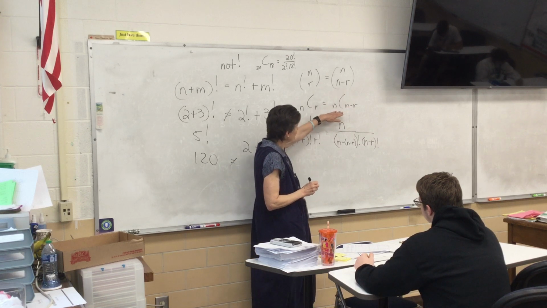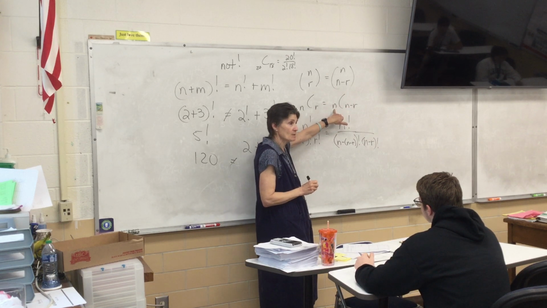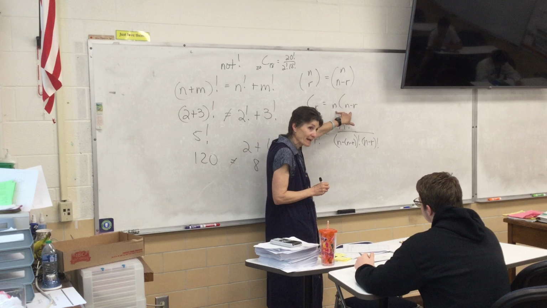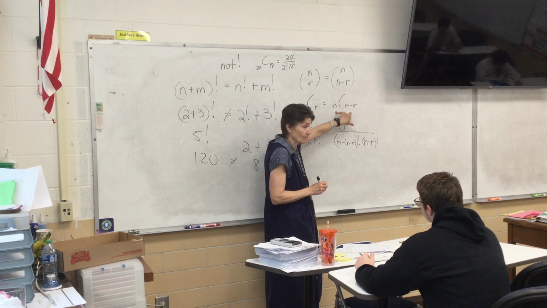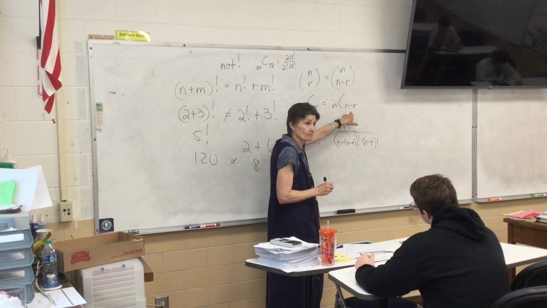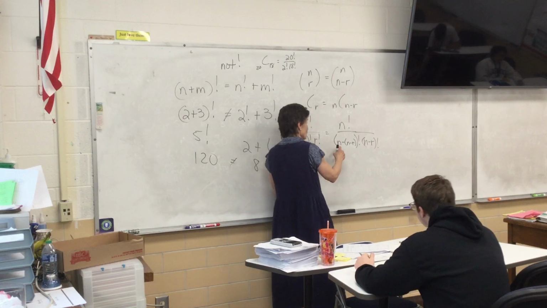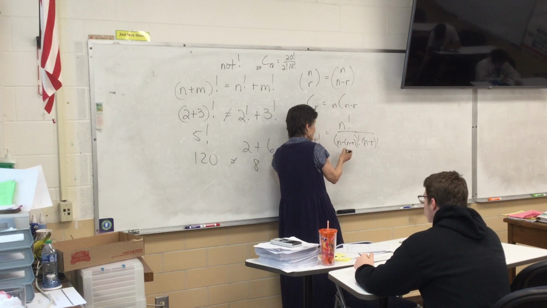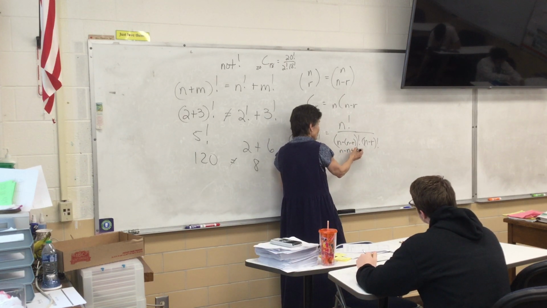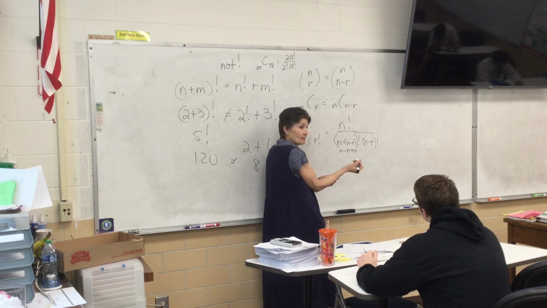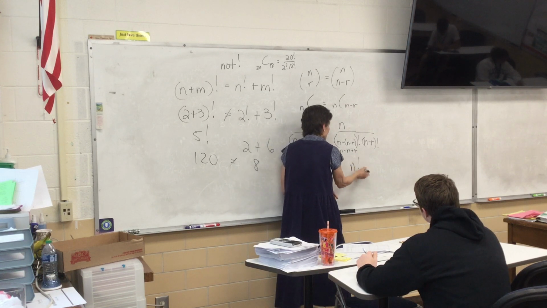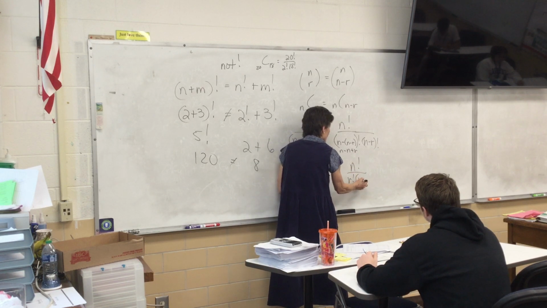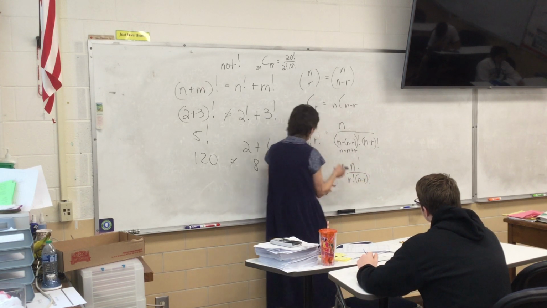Remember, when you do a combination, it's that number, then you subtract these two, and then that number. Well, what happens, what's this? N minus n plus r? Isn't that just r factorial then? So this is n factorial over r factorial, n minus r factorial. Aren't those the same thing?